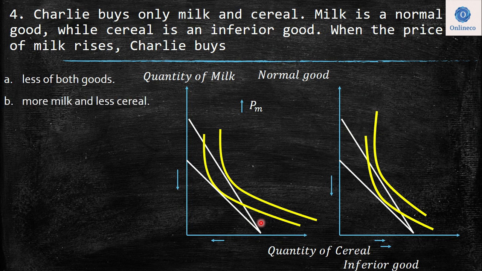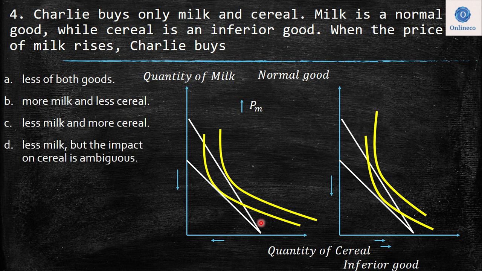Less of both goods, more milk and less cereal, less milk and more cereal, less milk but the impact on cereal is ambiguous. Then here is the initial situation, this is the second. So we have one representation. When there is an increase in the price of milk, there is a decrease in the consumption of milk and in the quantity of cereal.